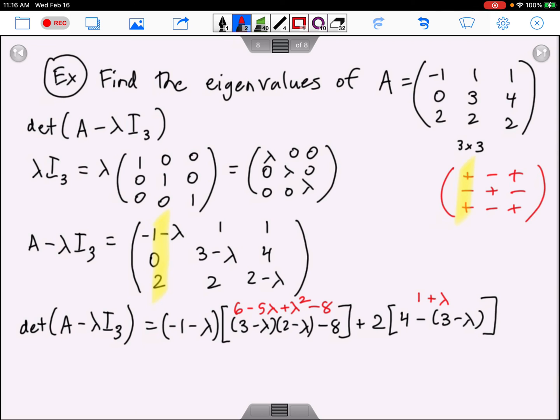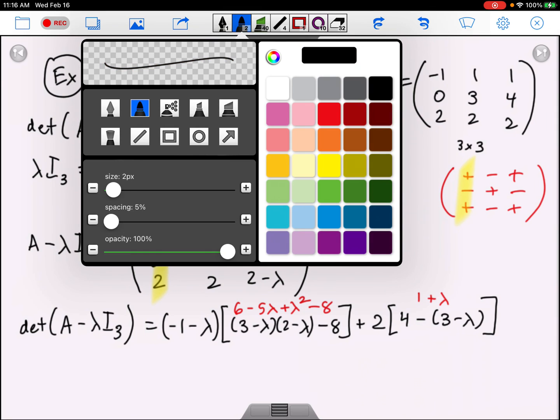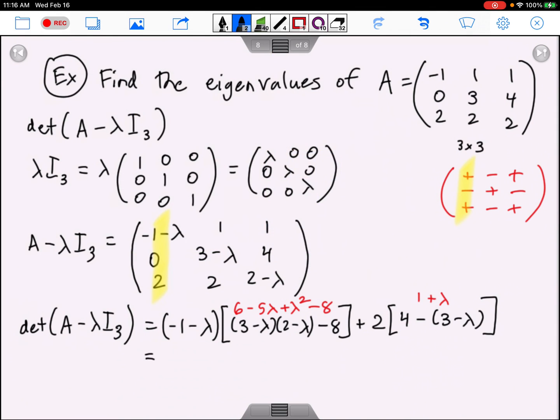Now what? Do you guys notice that this over here, this -1 minus lambda is actually, so you know what, I'm going to write this on the next line. If I pull a -1 out of that, isn't that also 1 plus lambda? So I already notice I have something in common here, but I'm going to simplify the inside, okay?